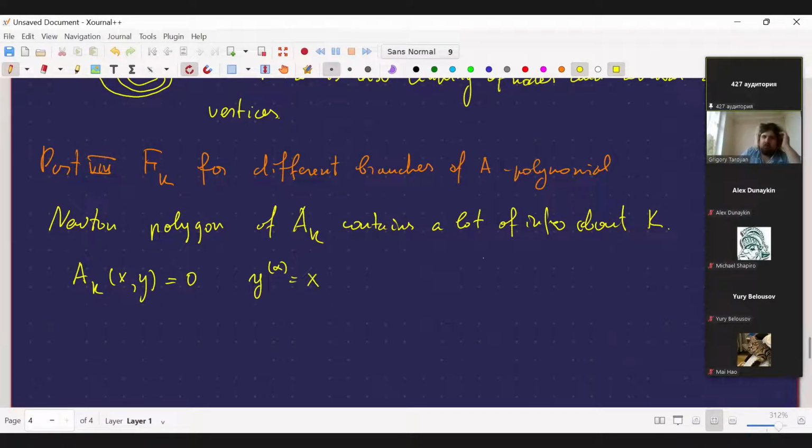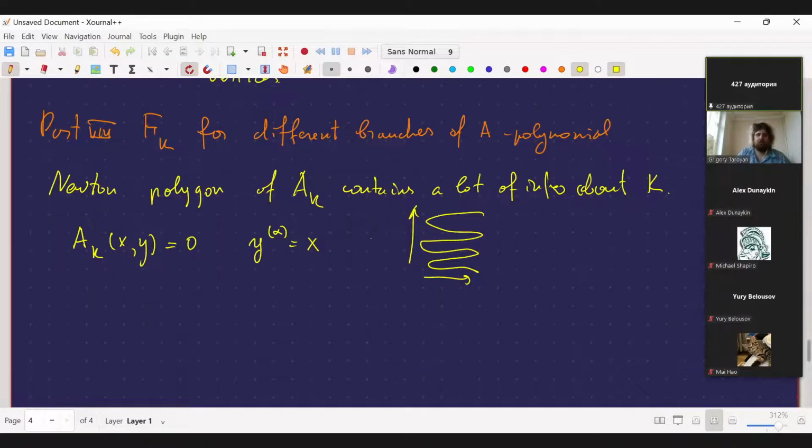So we have a certain polynomial equation, and we want to study branches of a solution for this equation. And we want to study the behavior of these branches near 0 or equivalently near infinity.